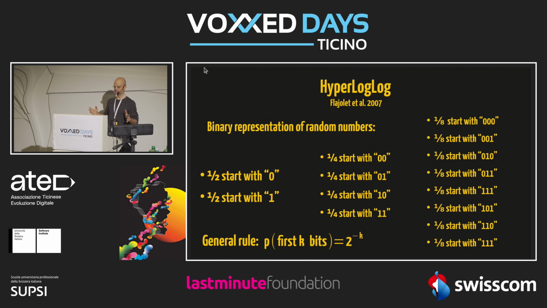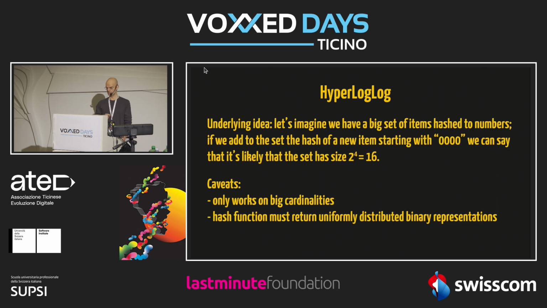So the general rule is that the probability of a random number in a big set of random numbers having k specific leading bits is 2 to the minus k, so 1 over 2 to the k. This is the main intuition. And how does HyperLogLog work? Let's imagine that we have a very big set of items that we use hash functions to transform into numbers.